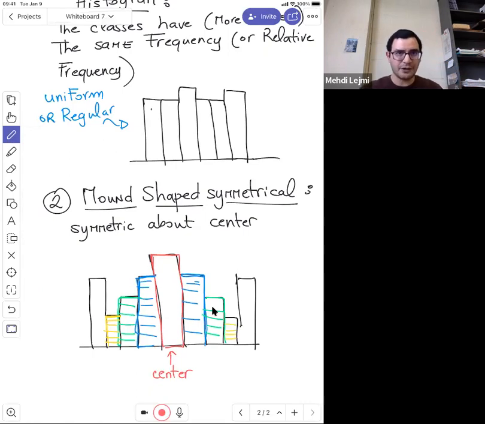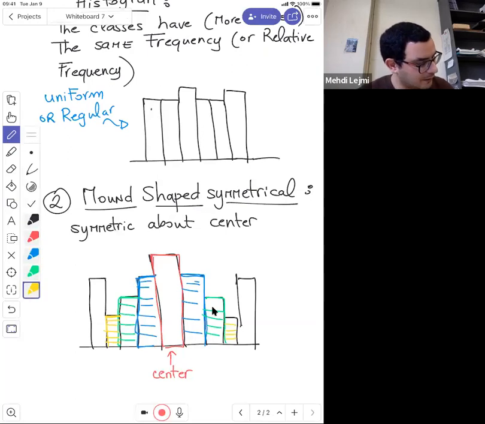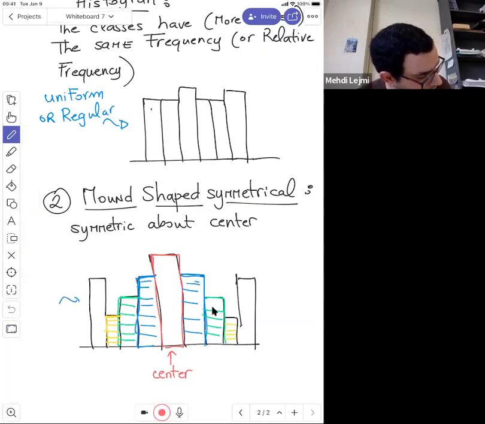That's what I call mound shaped symmetrical. It's symmetric about the center.